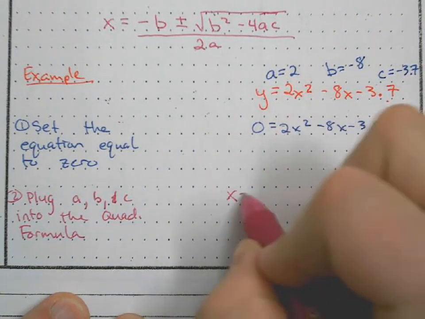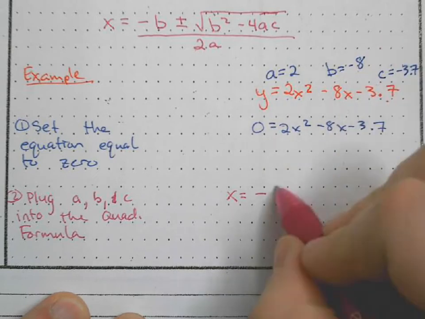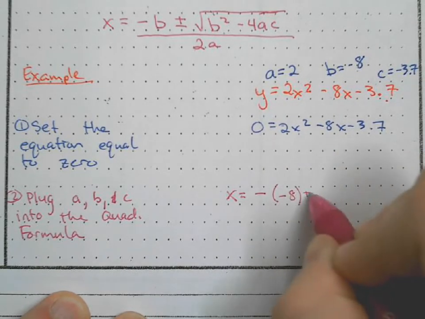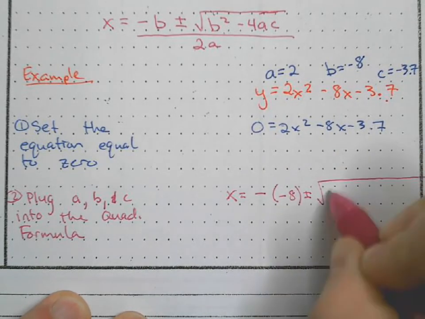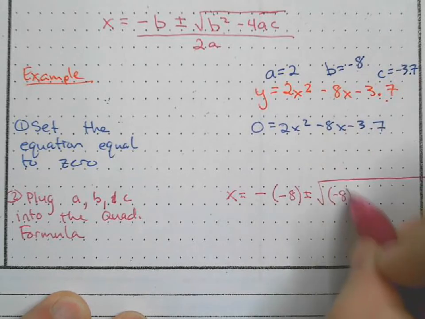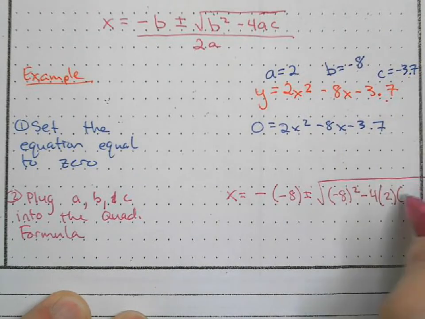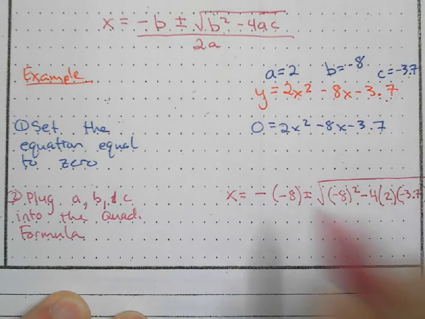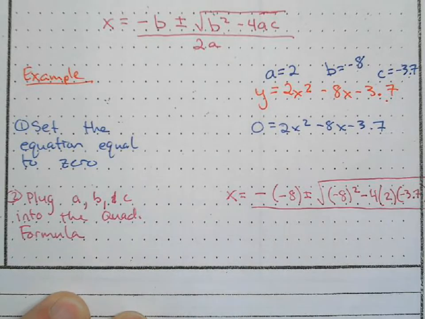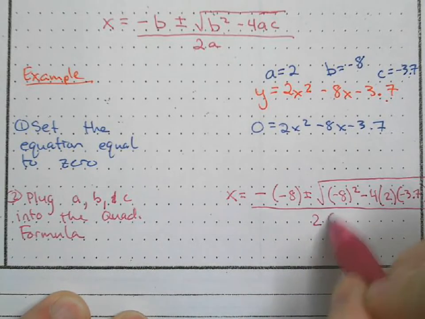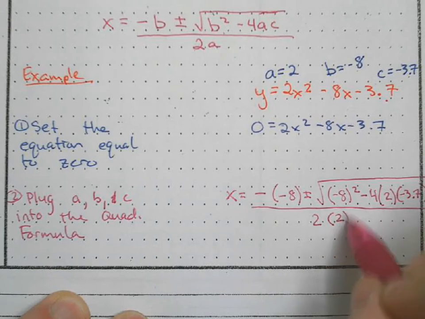I'm going to say x equals negative, b is negative 8, plus or minus the square root of b squared, negative 8 squared, minus 4 times a times c, negative 3.7. And then I'll take all that and divide it by 2 times a, which is 2.